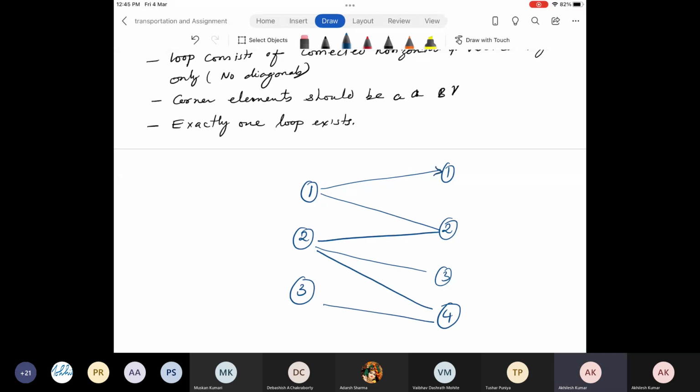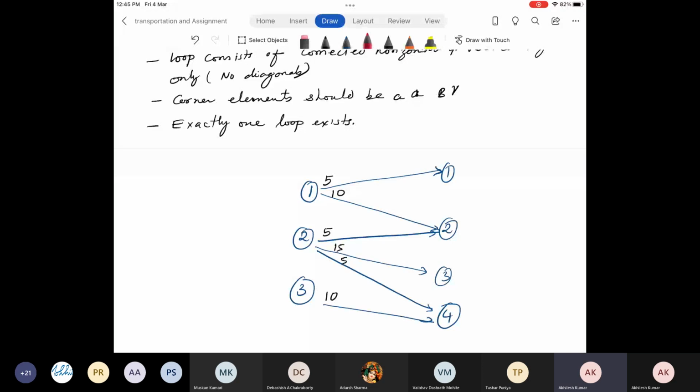Right now, I'm not putting the cost here, but the basic variables' values. Right now, I'm sending x11 equals 5, x12 equals 10. Similarly, x22 equals 5, 15 and 5, and x34 is right now 10.